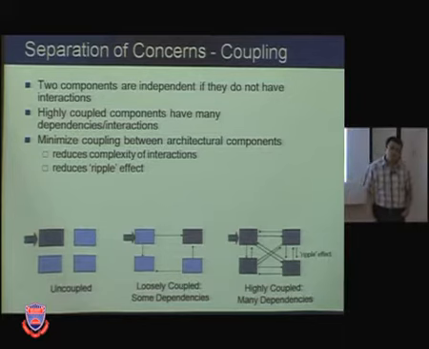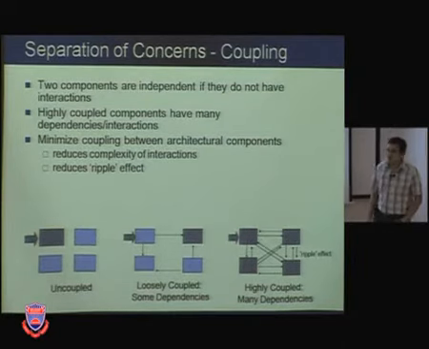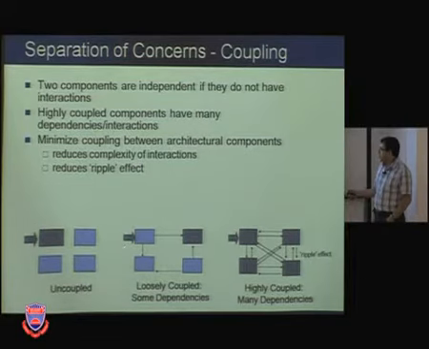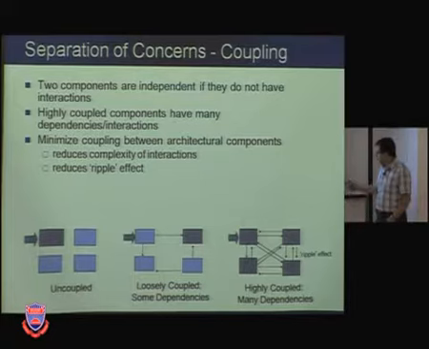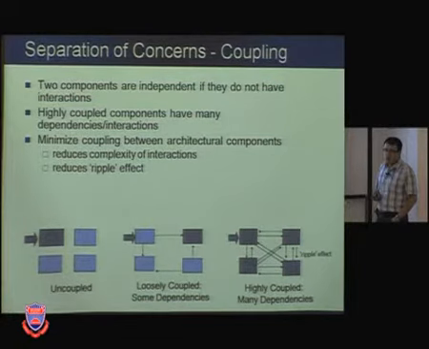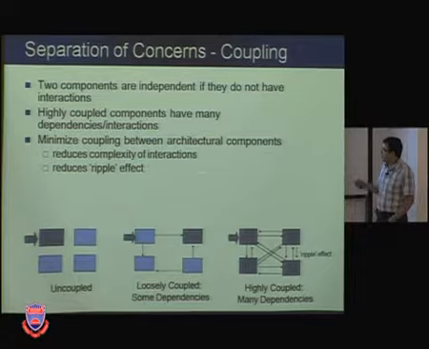There are some dependencies, obviously just the necessary dependencies. If there is some change, it might impact some components, but not as much as here. So we should aim for minimizing coupling between architecture components. This will reduce complexity and reduce ripple effect.